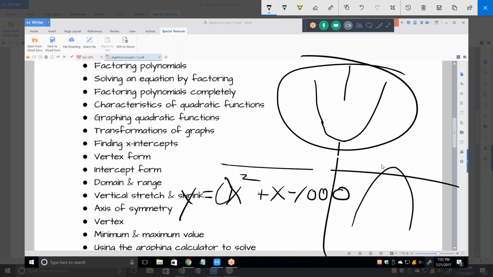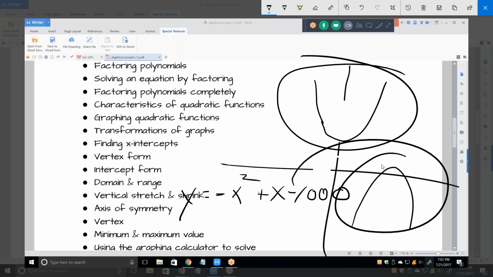I'm not saying that that's where the graph should be. I'm just saying that if you want to know whether a quadratic points up or down, it's completely dependent on what that sign is. If I put a negative sign in front of that, it points down. Okay?